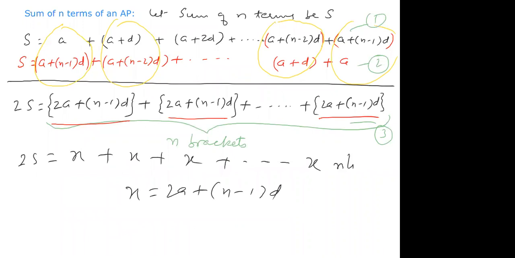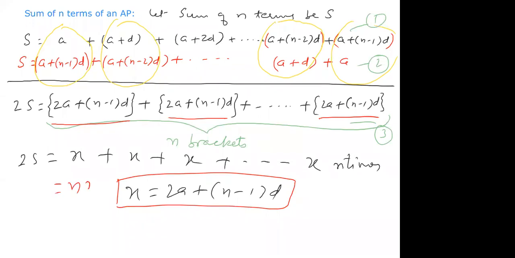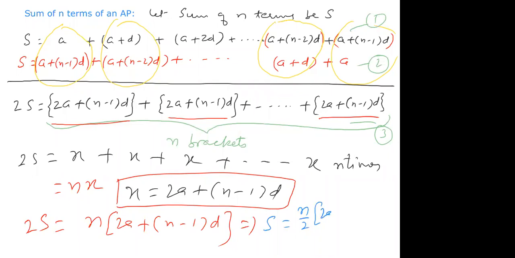So this will be nx, which is equal to 2a plus n minus 1 into d. So 2s is equal to this, which implies s is equal to n upon 2 into 2a plus n minus 1 into d. This will be the formula.